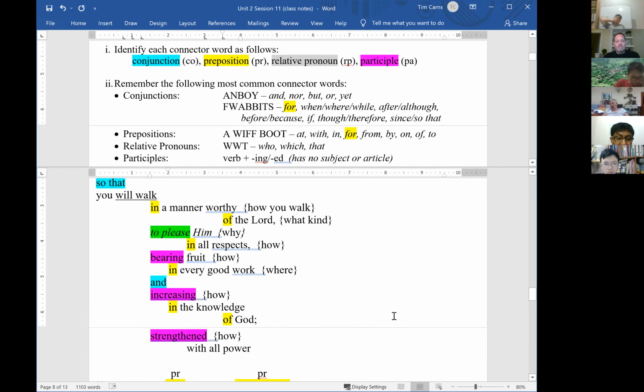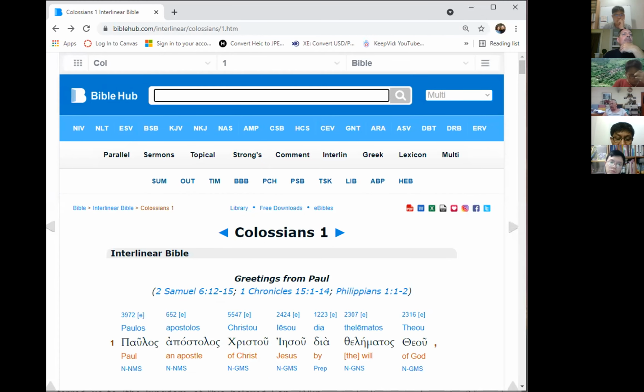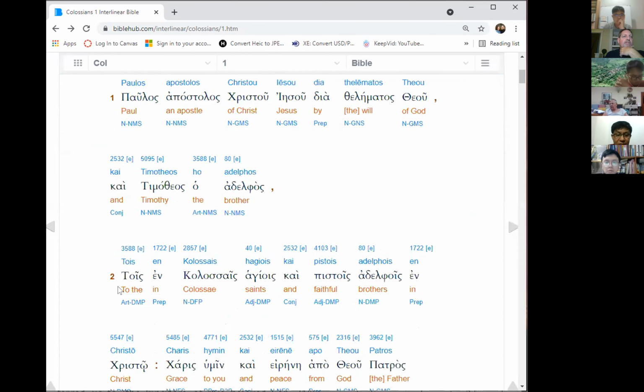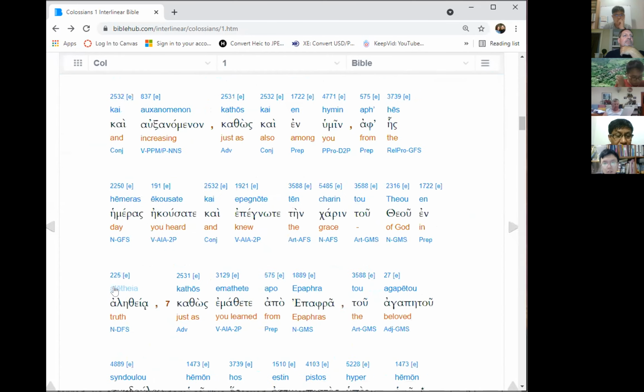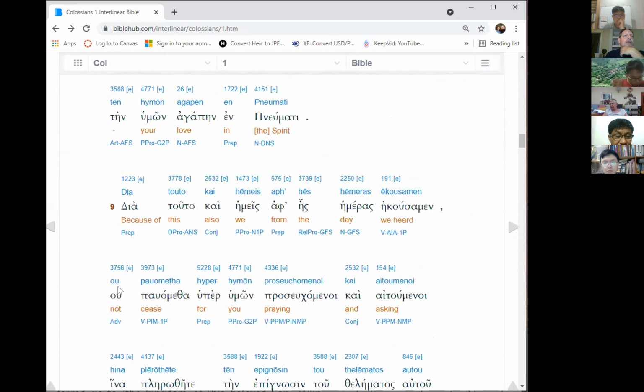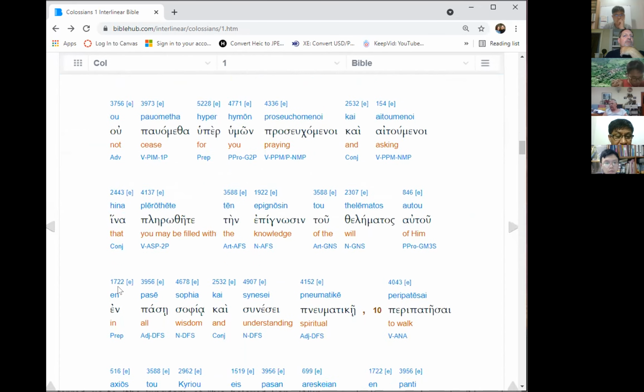Well, let me show you something. If we go to the interlinear, like we just talked about, we go to verse 10. All right, let's look at this a minute.